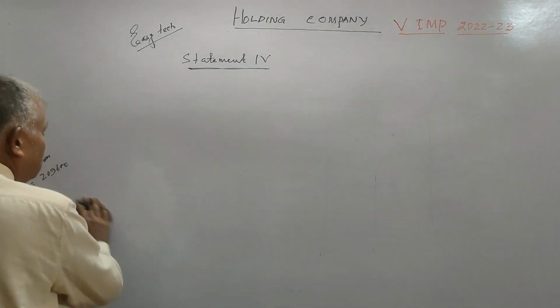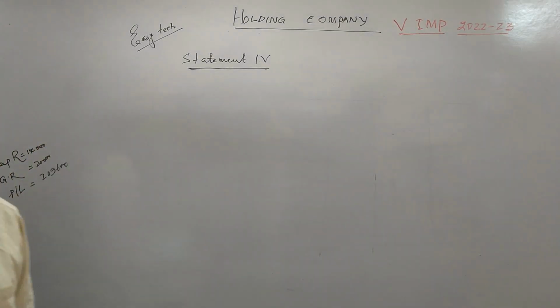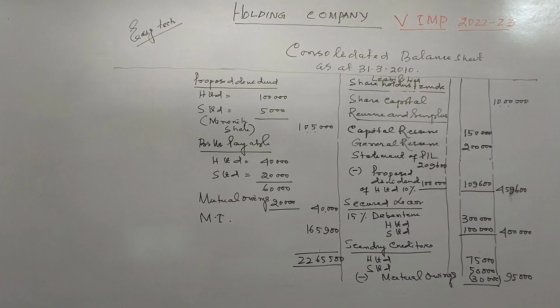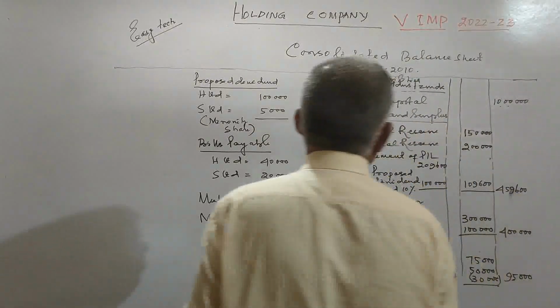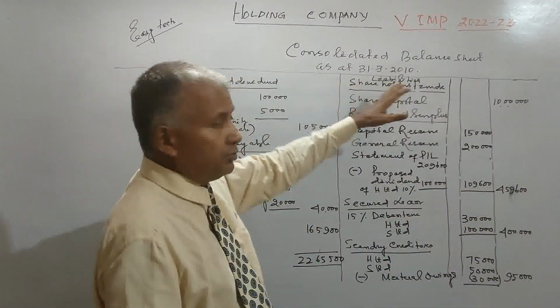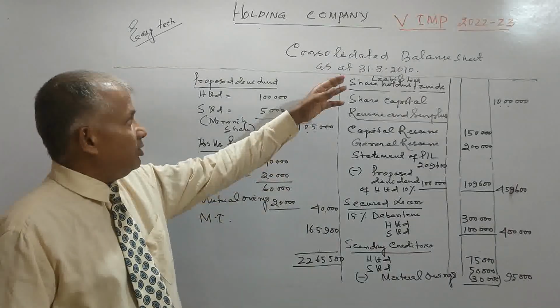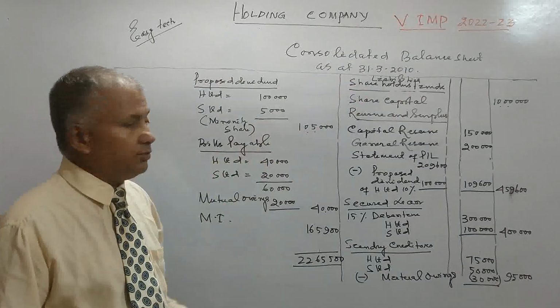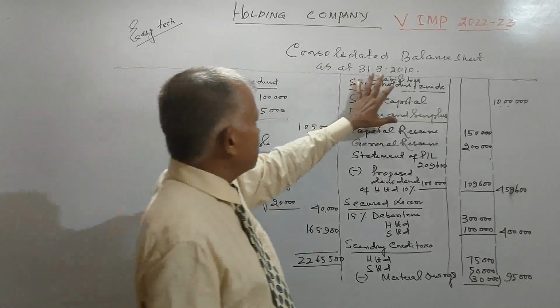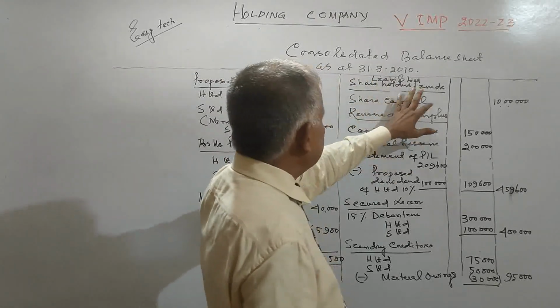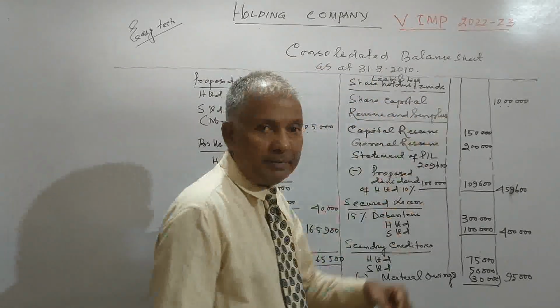Now let us come to the consolidated balance sheet. So this is the consolidated balance sheet we have to prepare, that is on 31/3/2010. This is the liability side. Shareholders funds, share capital.